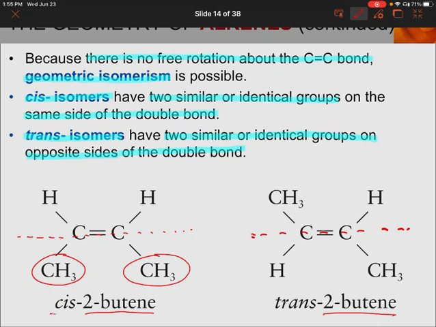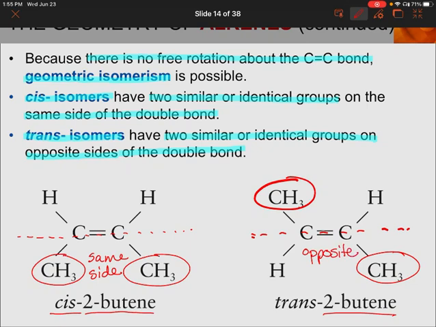So that would be a cis isomer. Now, if we look at the other molecule, the methyl groups are on opposite sides. So this would be trans 2-butene.